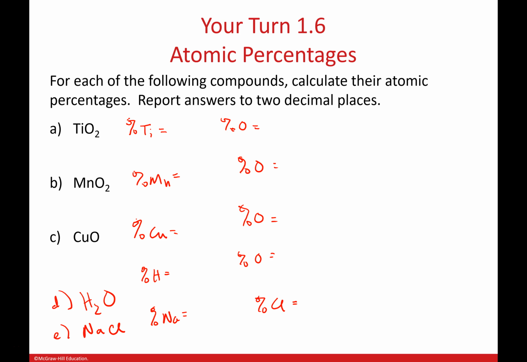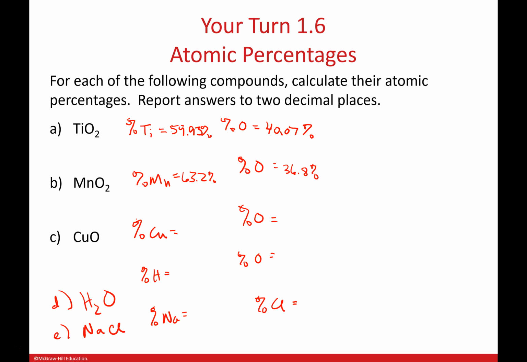Okay, the titanium is 59.93%, and oxygen is 40.07%. Perfect. Thank you. Adam? Manganese is 63.2%, and then oxygen is 36.8%.